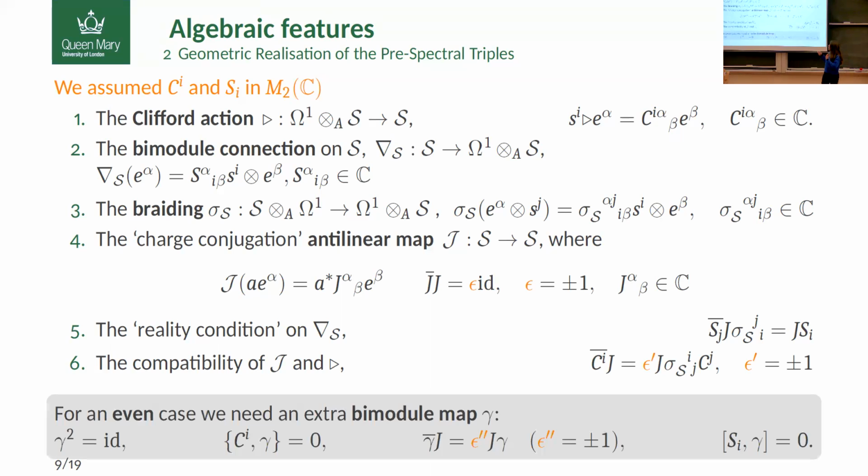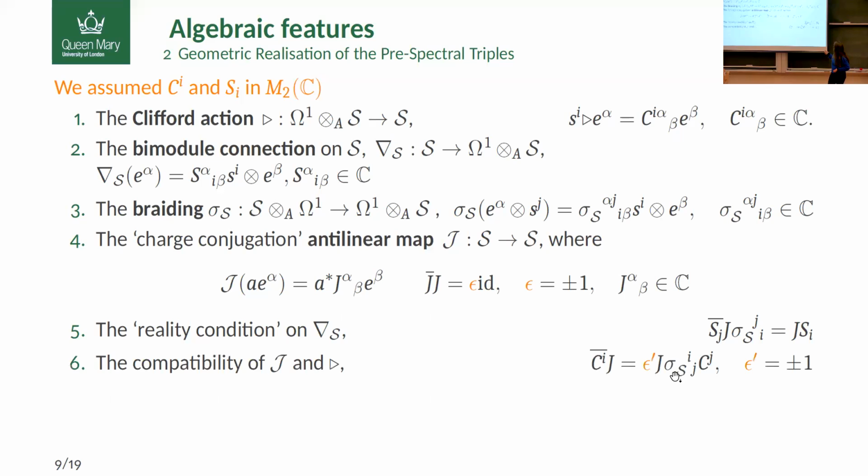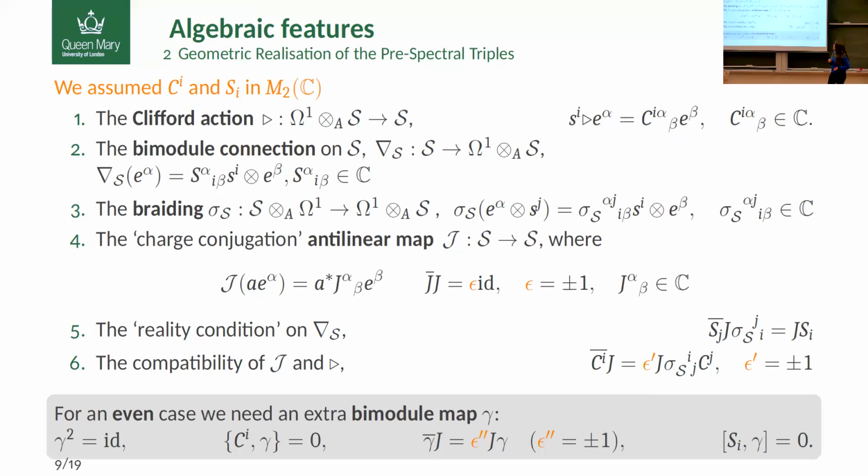And then I'm missing one relation, which is, no, it's not missing, the braiding is involved in here. So as we have spectral triples, we have even or odd cases, and therefore if we have an even case, we are going to have the expression that we have in here for the specific extra relations that I have for this extra bimodule map.